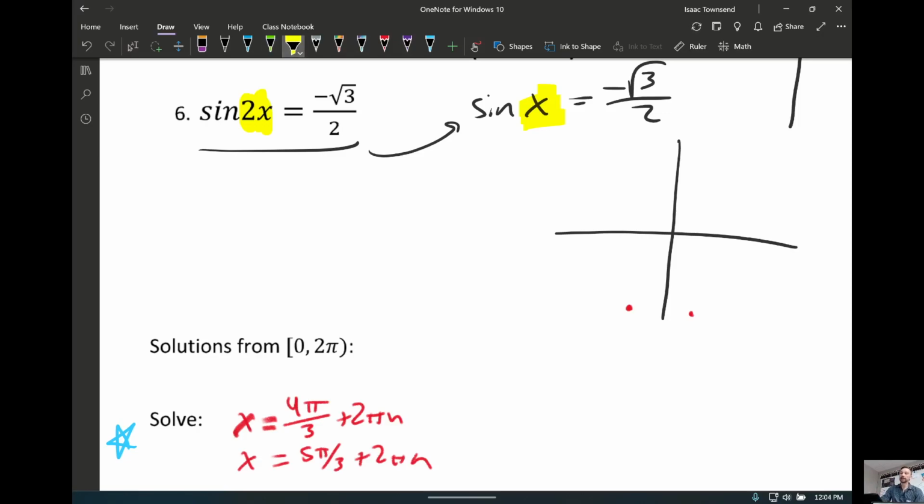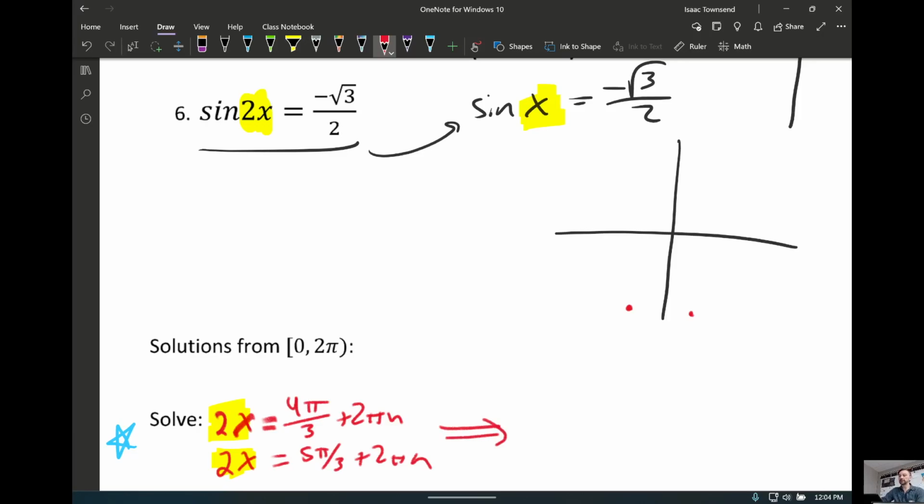I pretended like this was just a single x for my convenience to get me this far, but I haven't really solved for x. I have solved for 2x, because there was a 2x there, not a 1x. I pretended like it was 1x to help me start this off, but I solved for 2x.